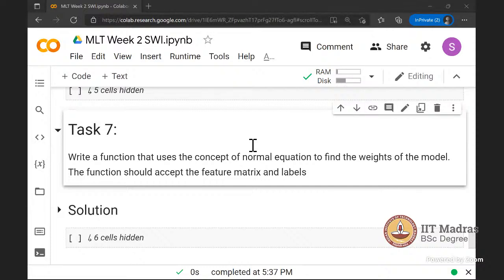All right, I've received an answer from Ganesh. Okay, Rajiv has also answered.